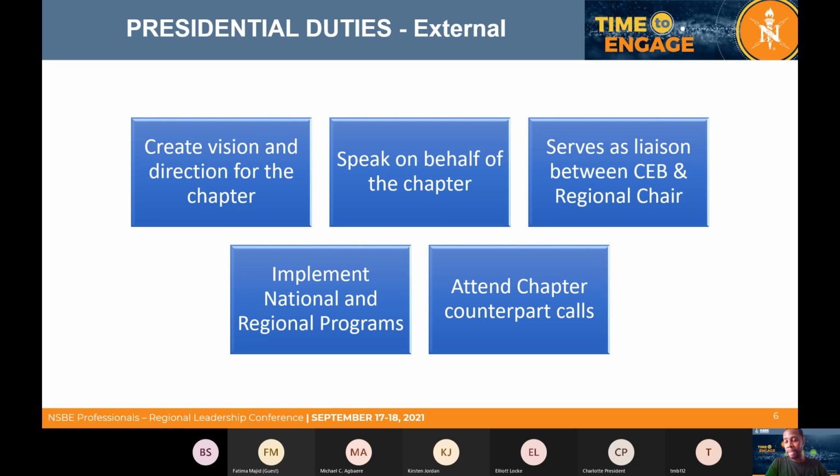The regional chair cascades information down to you, you cascade information down to your chapter, and in the reverse direction, you gather feedback from your chapter and escalate that to the regional chair. So you're that go-between. And you're responsible for implementing any national or regional programs that come down from national or regional leadership. And you're supposed to attend any chapter counterpart calls that are held.